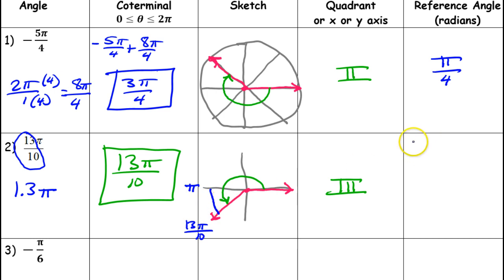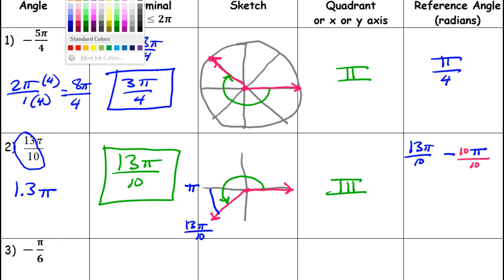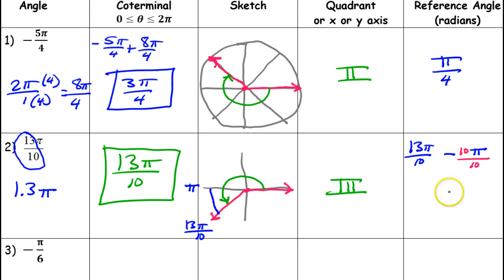So you can just find that by subtracting 13 pi over 10 minus pi. Okay, now I need like denominators, so I could look at pi as 10 pi over 10. So 13 pi over 10 minus 10 pi over 10 is going to be 3 pi over 10. So that is the reference angle.